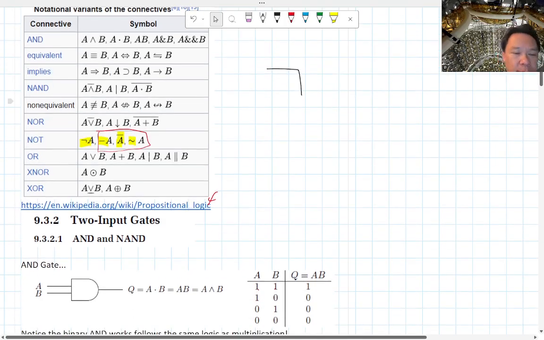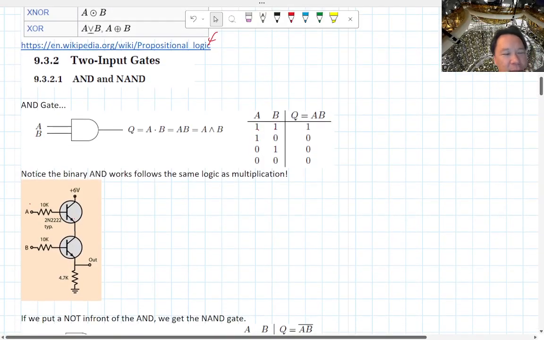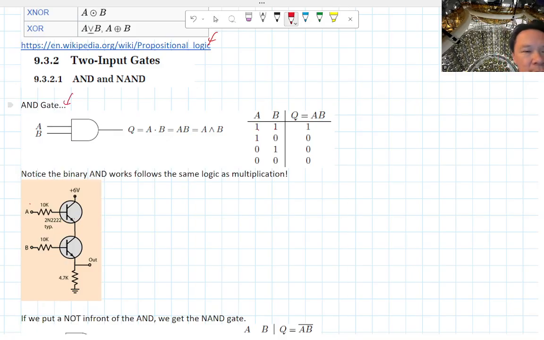We're going to do two inputs now. You can only do so much in binary numbers with one input. Two inputs, we're going to start with an AND gate. An AND gate basically does what it sounds like. If A and B are high, your output is high. If A is high, B is low, your output is low. If A is low, B is high, output is still low.